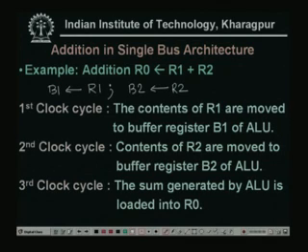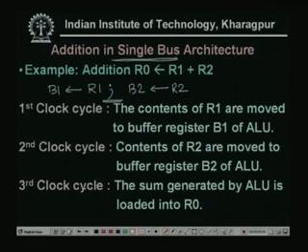As it is a single bus structure, that is why we need 2 clock cycles to load the operands into the buffers of the ALU. So, that is why this is R1 to B1, R2 to B2 separated by a semicolon. So, contents of R2 are moved to buffer register B2 of ALU.